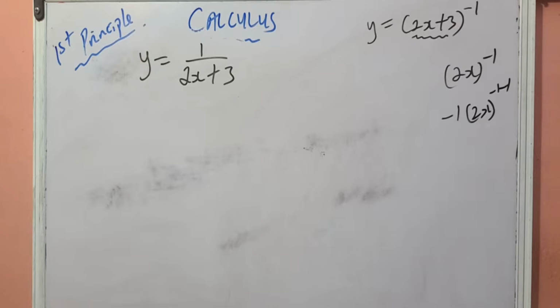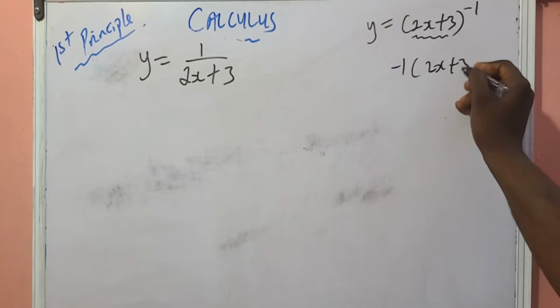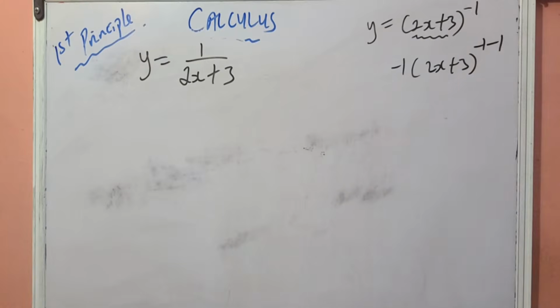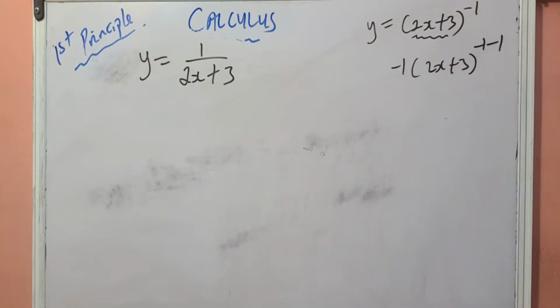It's not straight up. So you cannot just say minus 1 times this, and 2x plus 3 raised to power minus 1 minus 1. That will not work here. So don't make that mistake. When you're dealing with a compound expression raised to a power, you have to use what we call the chain rule.